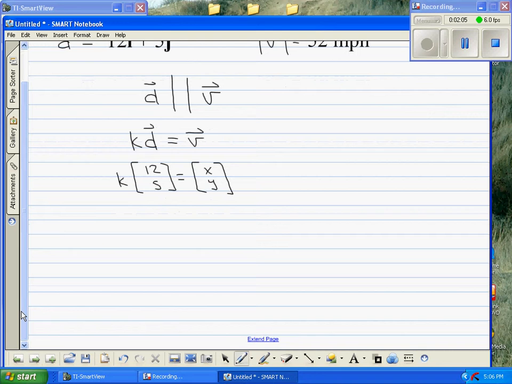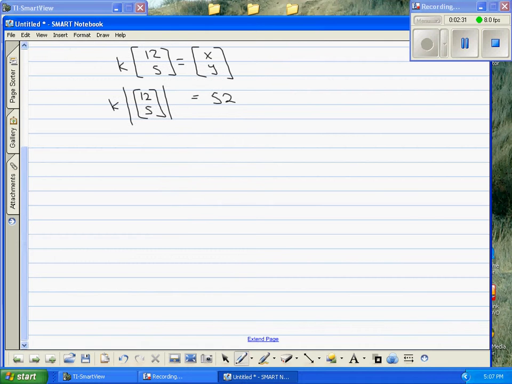Now, because I don't know what x and y are, I can't use them. But I do know that its magnitude is 52. So that means that k times the magnitude of d is going to equal 52. Remember, magnitude is done in absolute value.